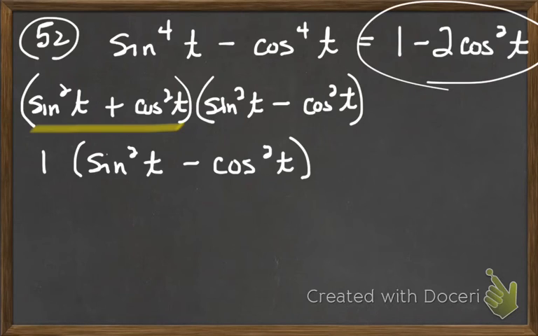One clue is that there's no sine squared in the right-hand side. So you've got to get rid of the sine squared. The other clue is that you don't just have one cosine squared, you have 2. So that clues me that I want to change sine squared into something.